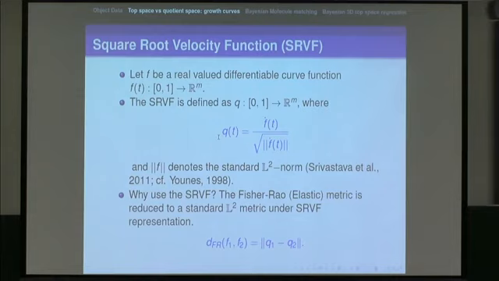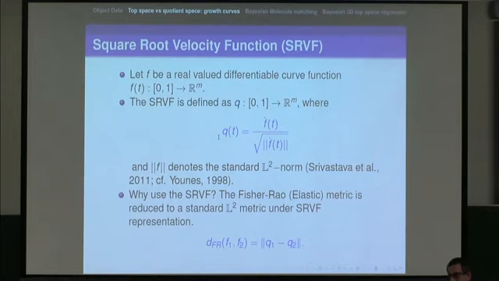And this has a very nice property, that if you want to compare the original functions using what's called the Fisher-Rao or elastic metric, then you can do that using a standard L2 metric between these functions. So between the square root velocity functions.